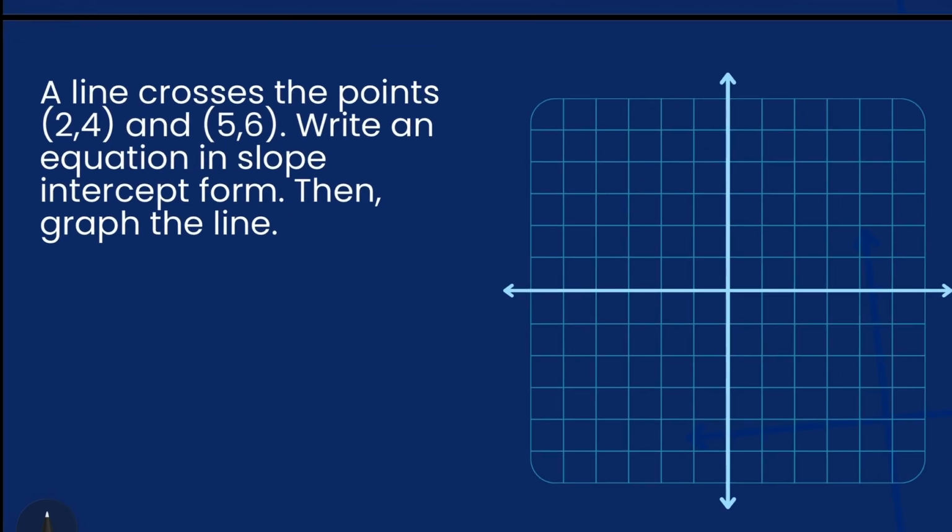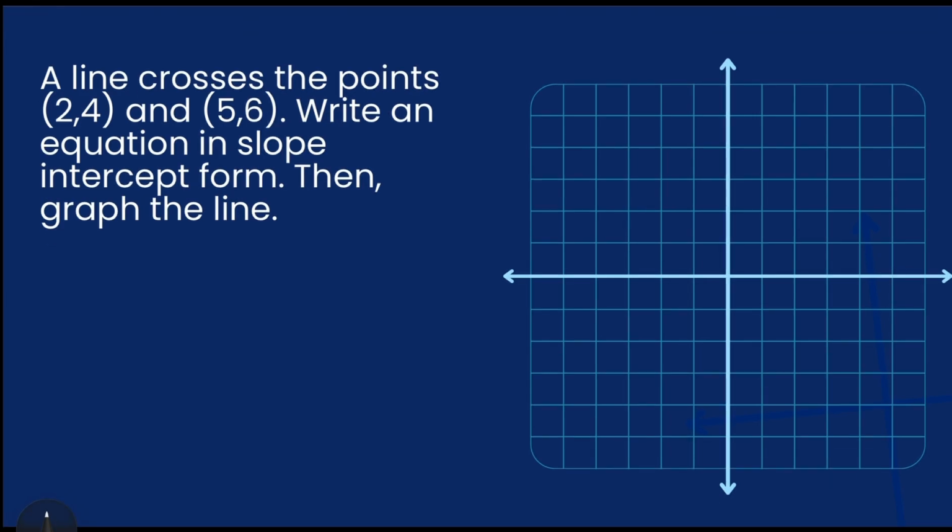Here they tell us a line crosses the points 2, 4, and 5, 6. Write an equation in slope-intercept form, then graph the line. So let's recall that slope-intercept form looks like this: y equals mx plus b, where we need our slope and our y-intercept.